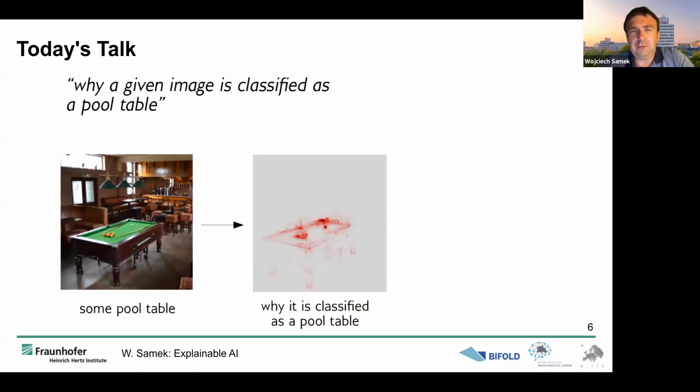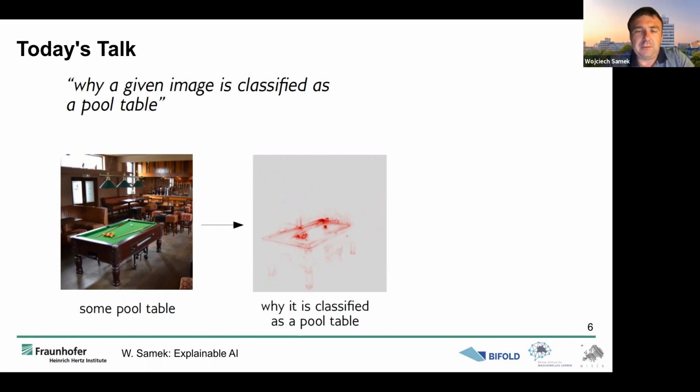So today, if I talk about explainable AI, about explanation, I always refer to explaining an individual prediction. In this case, you have an image of a pool table, and your model predicts this image as pool table, and the explanation indicates which parts in the image were responsible for this prediction.